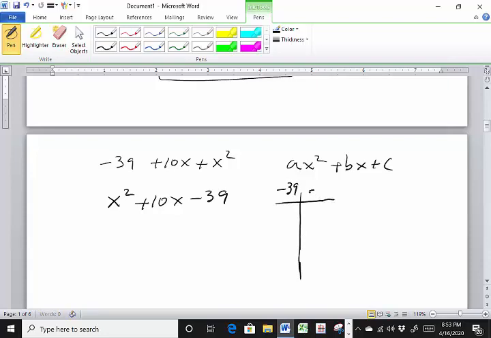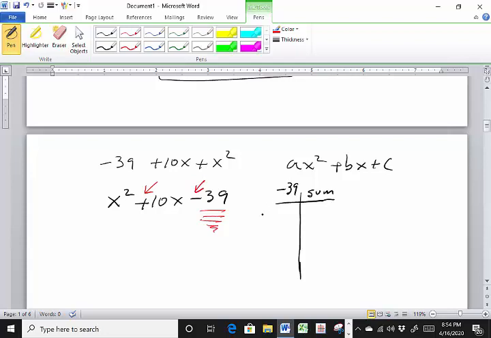and the sum. Okay, so now this one's a little bit different because now we have a negative sign here and this is positive. So basically when we take the product of minus 39, the number that's the largest number in that product has to be positive, because when you take the sum, the sum has to be positive, right? So let's see.